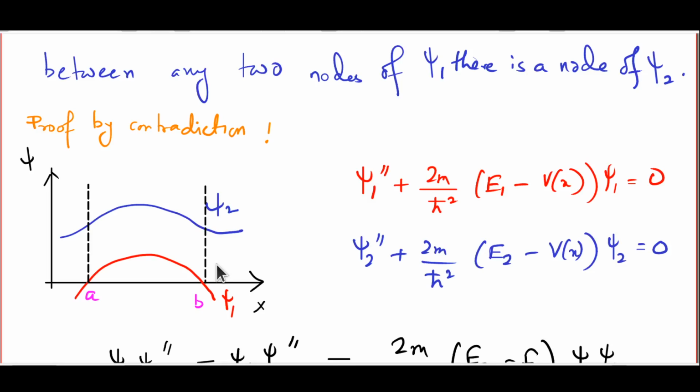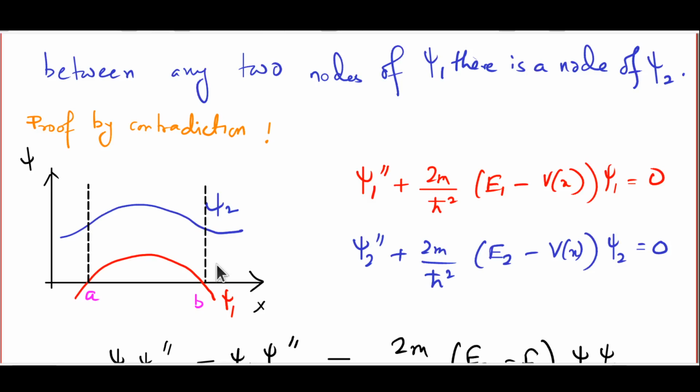So I'm just going with this one, just to be definite. Just think about it. You should be able to figure out why a similar line of arguments will lead to a contradiction in all these other situations as well, as long as we assume that psi2 has a fixed sign for the whole interval.